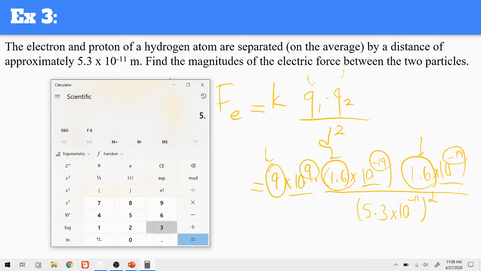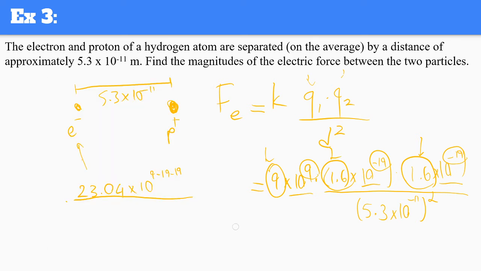So 5.3 square is 28.09 times, remember, you are taking the square of 10 to the power of negative 11. So that means this 2 and negative 11 must be multiplied. So your power for the bottom is negative 22. And then you are going to do the math here separately, math here separately.